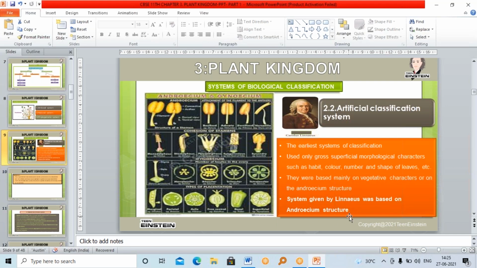This is the first or earliest system of classification, based on morphological or superficial features or vegetative characters.